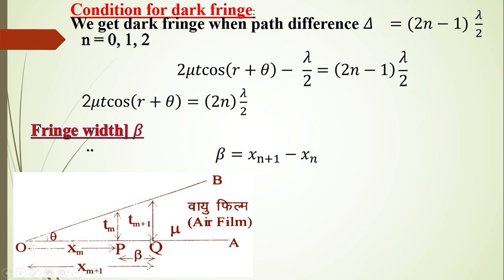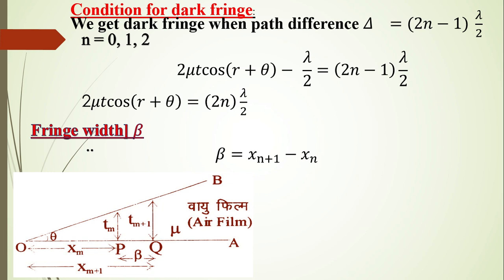Point Q is at a distance S(n+1) from O, and point P is at a distance Sn from O. So we obtain a dark fringe at point Q at distance S(n+1) from O, and another dark fringe at point P at distance Sn from point O.